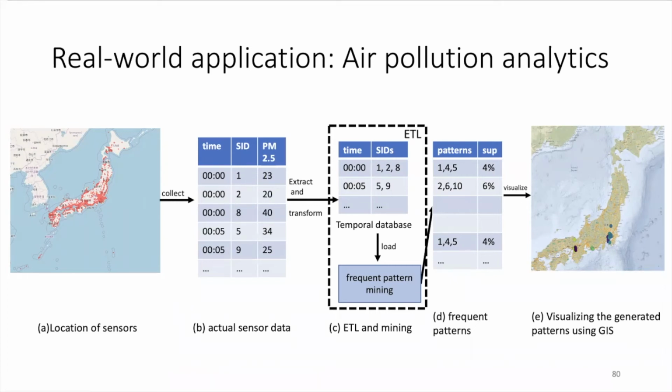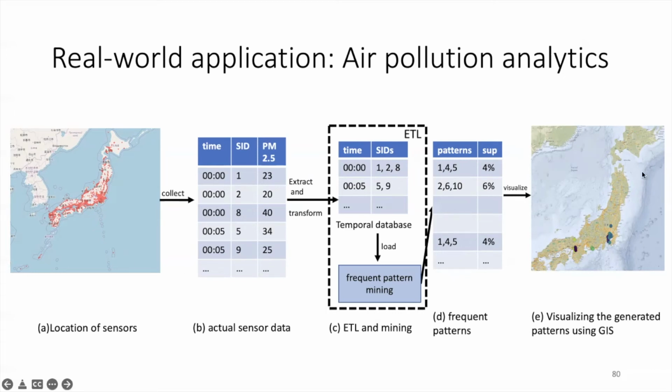This data can be transformed into a temporal database as shown in figure C. On this temporal database, we can apply frequent pattern mining and other pattern mining techniques to identify the locations in which people were exposed to high levels of air pollution.